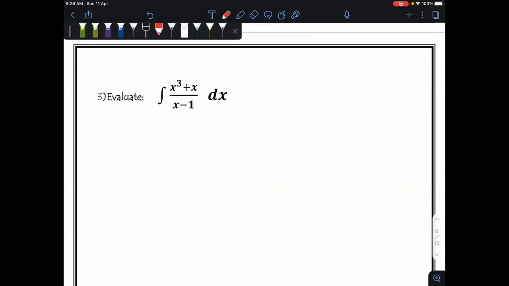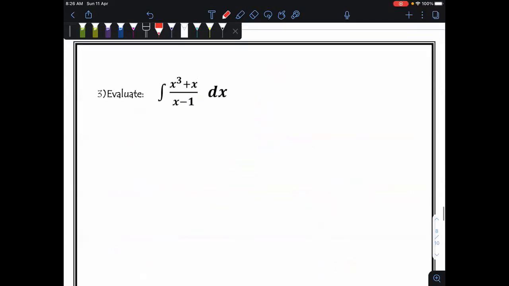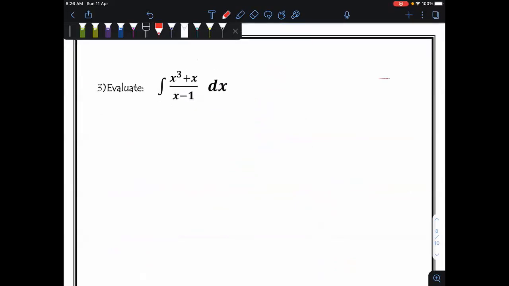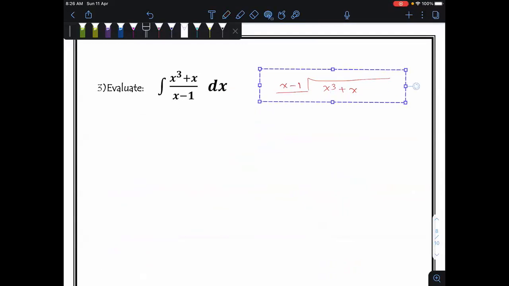We have to divide. You have to use long division first: x cubed plus x over x minus 1. It's so easy for grade A. So the long division step is so easy right now.